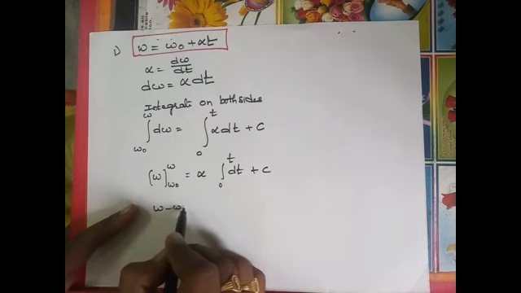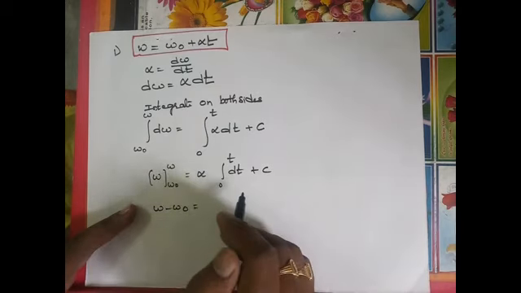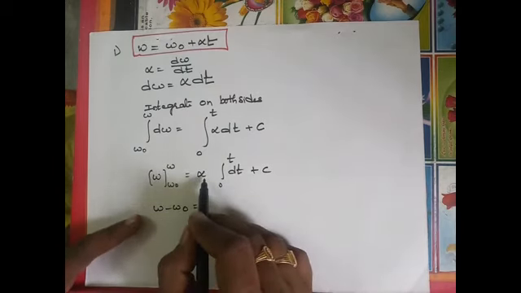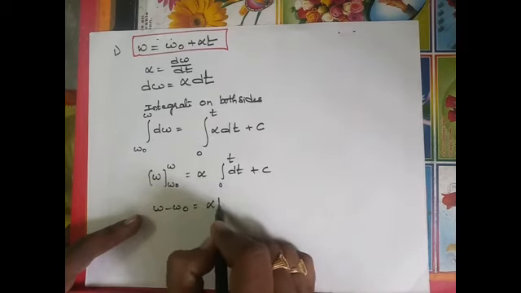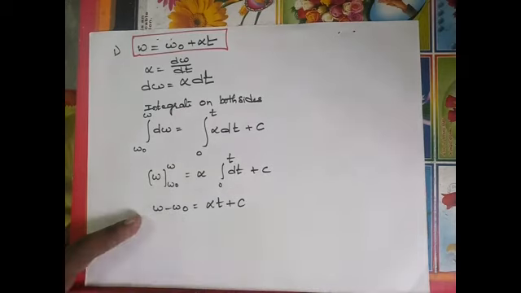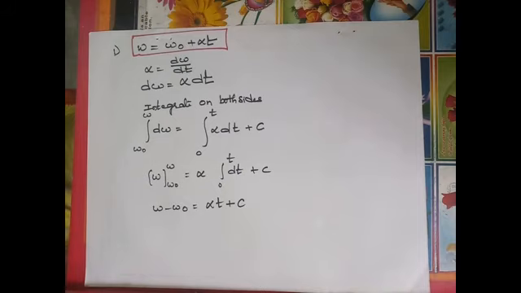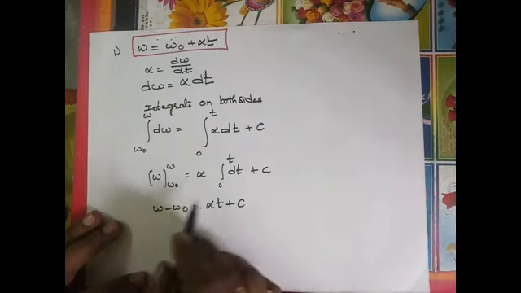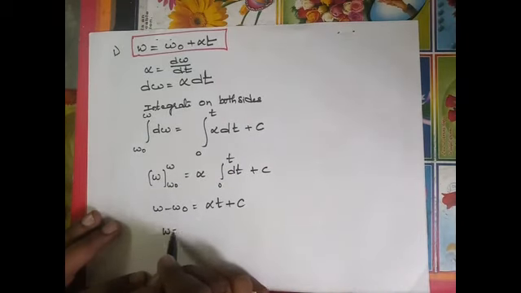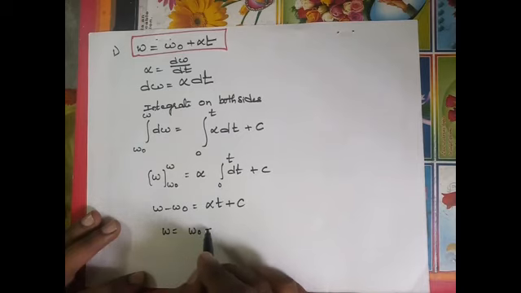Omega minus omega naught is equal to alpha into t plus c. So now in this case especially, let us remove the constant term, then we'll get omega is equal to omega naught plus alpha t.